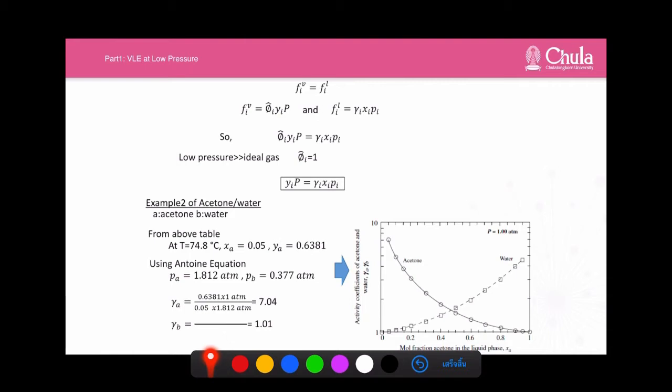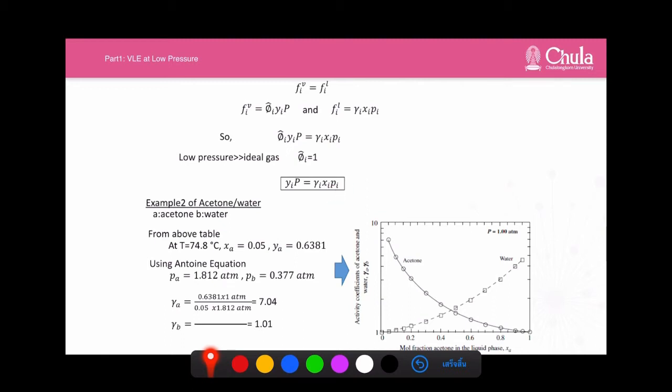In order to calculate this activity coefficient, you just rearrange this expression. So the activity coefficient becomes the ratio yi P over xi Pi sat. Because the pressure of the system is always 1 atm, right? You can plug this into the main equation.